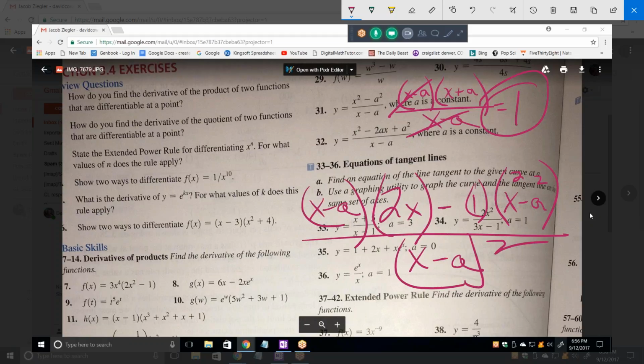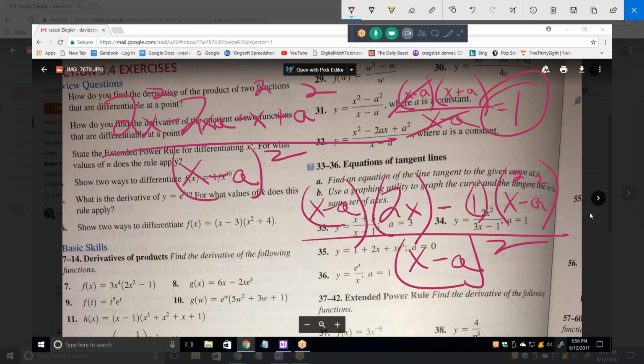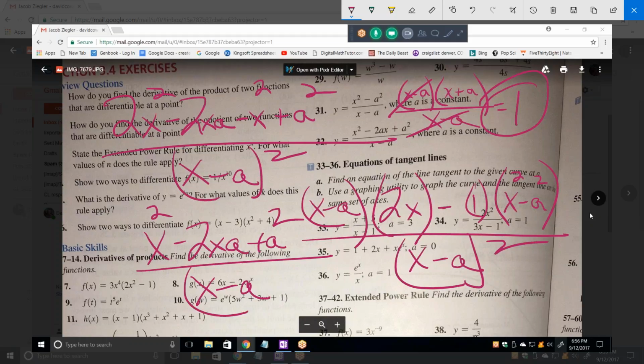But just to prove it to you, I'll distribute it. 2x squared minus 2xa minus x squared plus a squared, all over x minus a quantity squared. 2x squared minus x squared is an x squared, minus 2xa plus a squared, all over x minus a quantity squared.